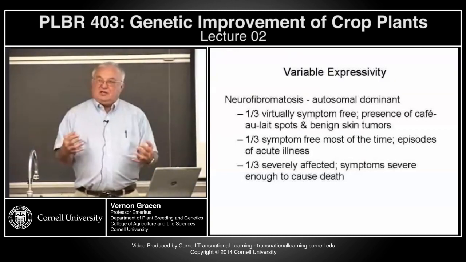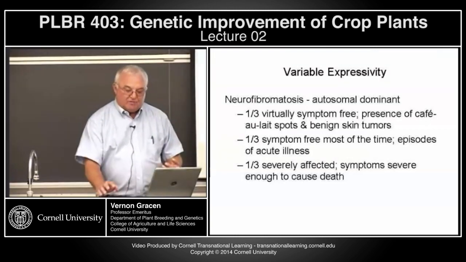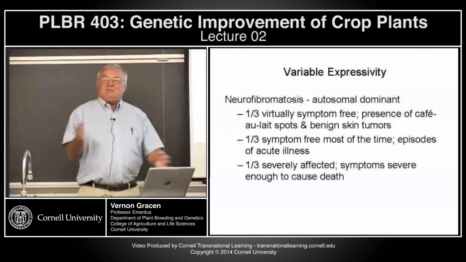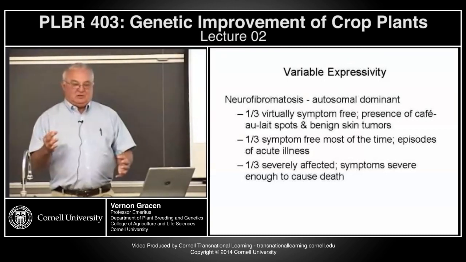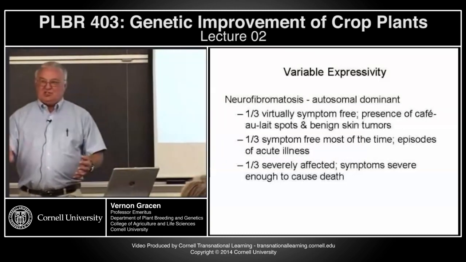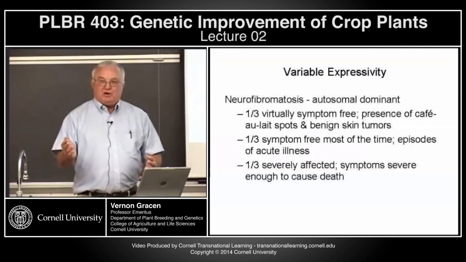But basically, the gene is not very well expressed in a third of the individuals with it. A third don't have any symptoms for most of their lives. But they have episodes where they really get sick, and they can get very, very sick to the point of near death.